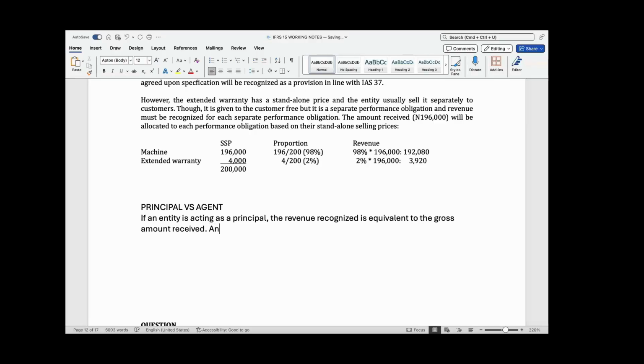So a principal is the party that satisfies the performance obligation.